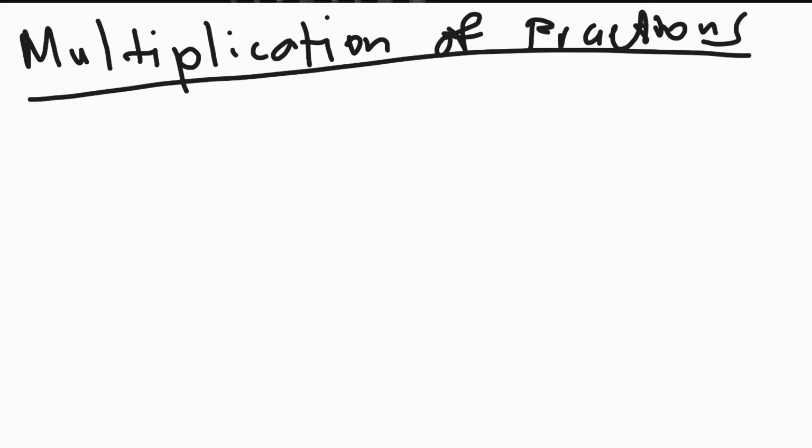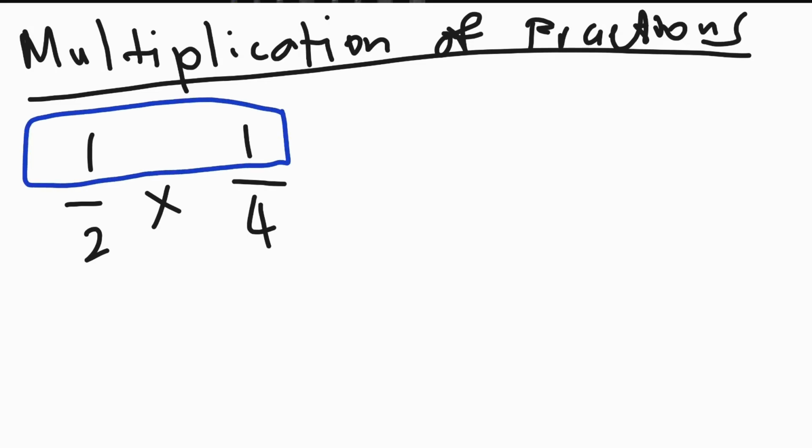It doesn't have a lot of rules. Okay, so we can quite simply say that a half times a quarter, the easiest thing about this is you multiply your numerator and you multiply your denominator.